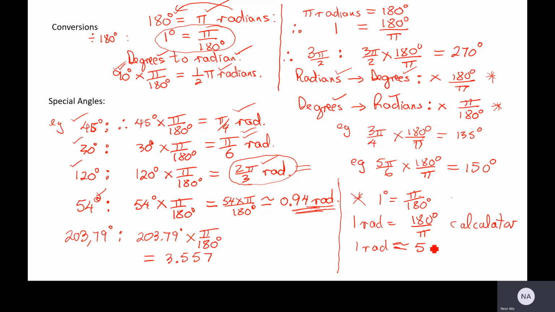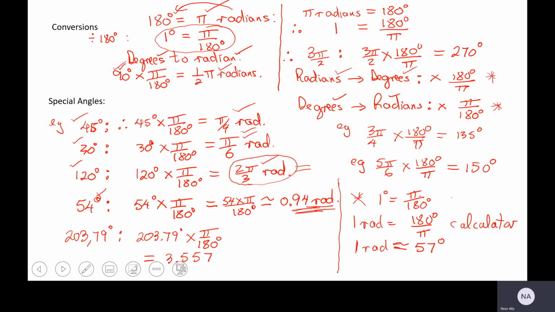So it's approximately 57 degrees. Now that gives you a very good idea, especially when you get to calculations. Am I getting an answer which seems to be correct? So 1 radian is approximately 57 degrees.